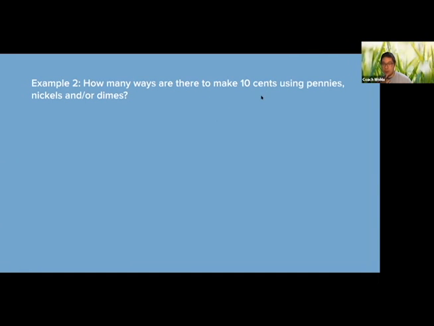Okay, so let's move on to another question. This is a different kind of question. How many ways are there to make 10 cents using pennies, nickels, and or dimes? Please send me a direct message what you get for this.